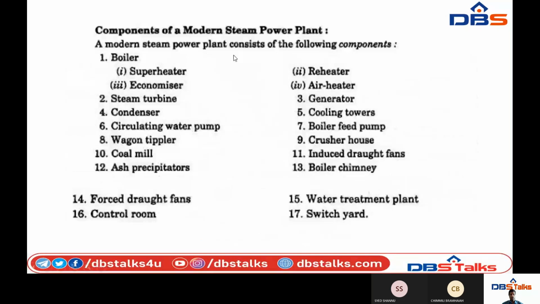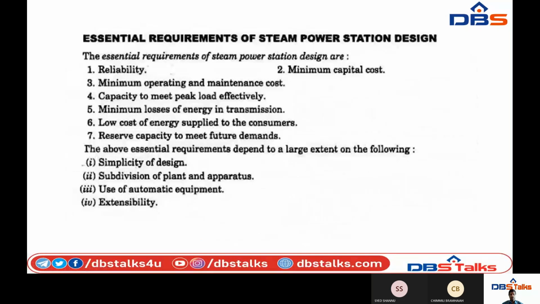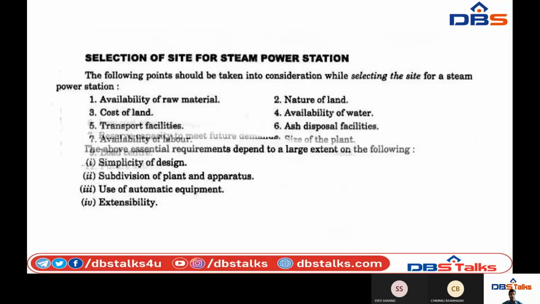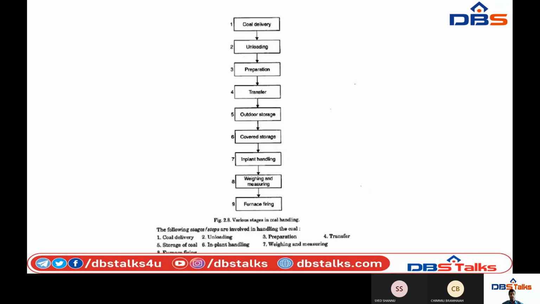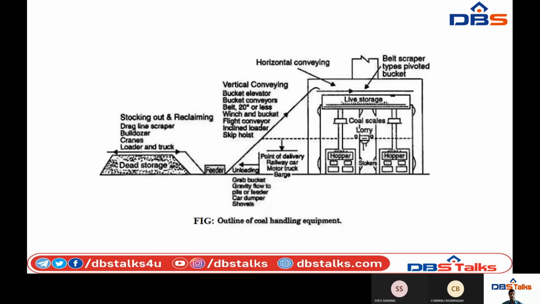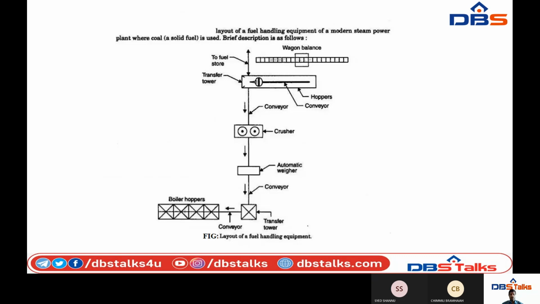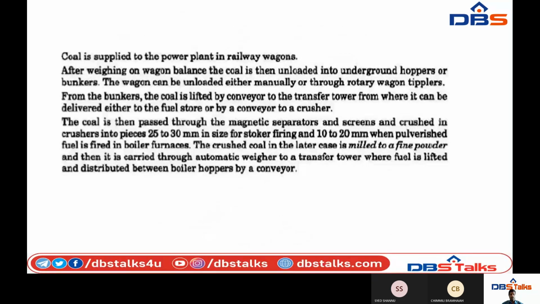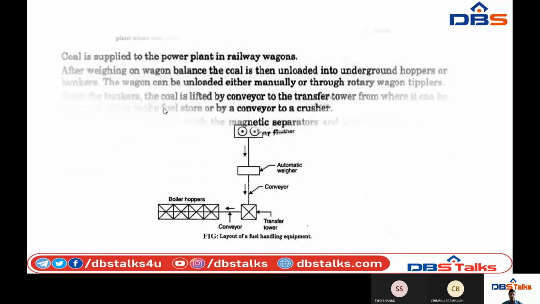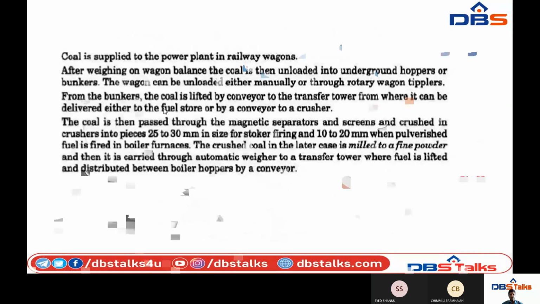After that, components of a modern steam power plant, then essential requirements of a steam power station design, then selection of a site for steam power generation based on base load or peak loads. Next, coal handling, and finally ash handling and fuel handling equipment. This is the theory about fuel handling and coal handling equipment.